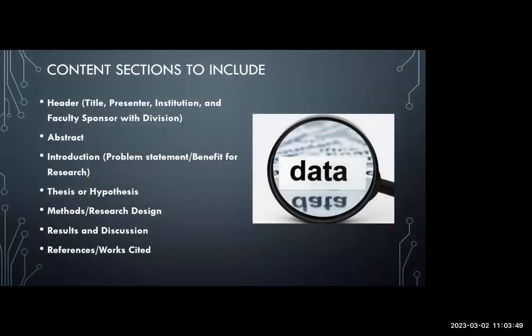Okay, so we're going to begin with what to specifically include in your poster. You want to be sure to include the header, which is going to consist of the title of your poster, your name, the institution, and your faculty sponsor with the division.